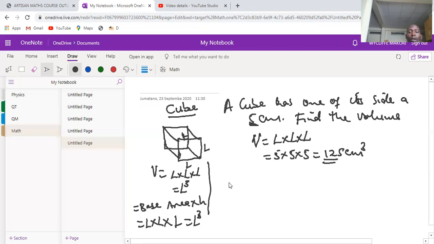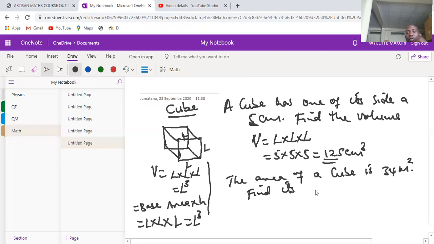You can be told, this is another example, that the area of a face of a cube is 34 centimeters squared.